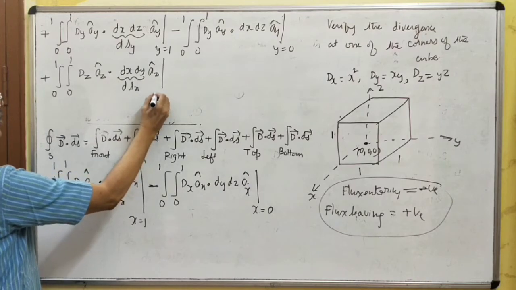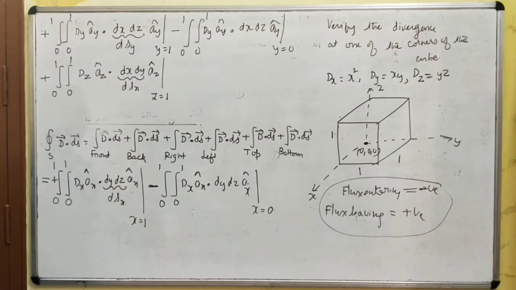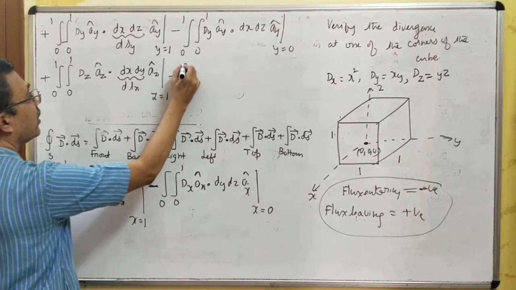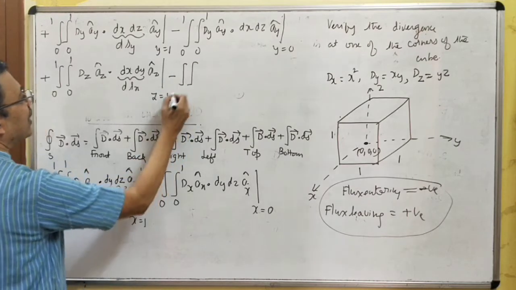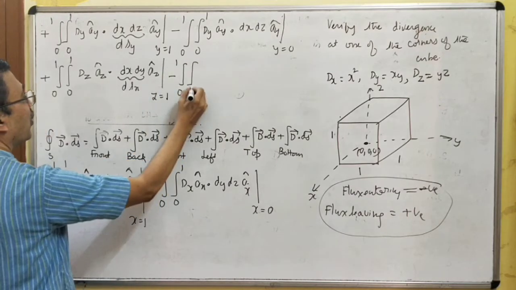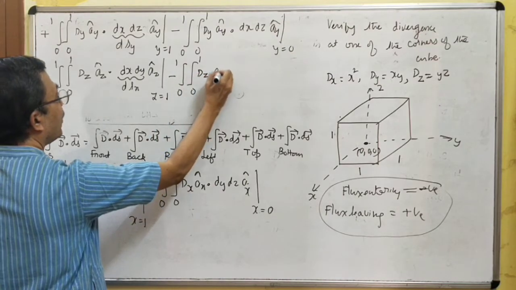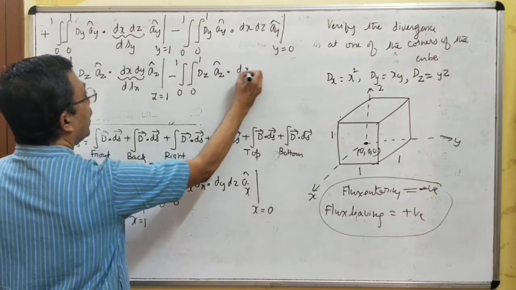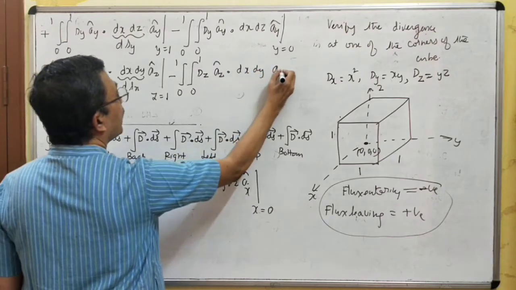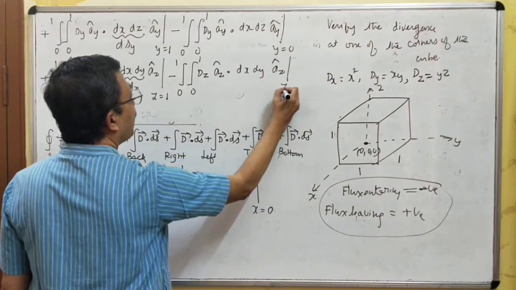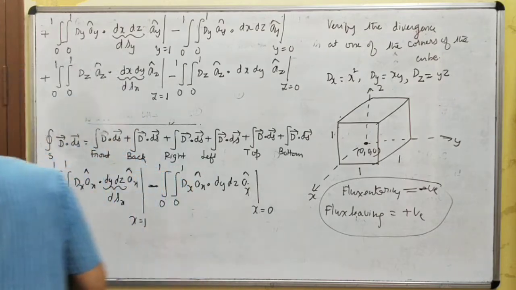The top face is at z equal to 1. Minus double integral, x varying from 0 to 1, y varying from 0 to 1, Dz a_z cap dot dx dy a_z cap. The bottom face is at z equal to 0.